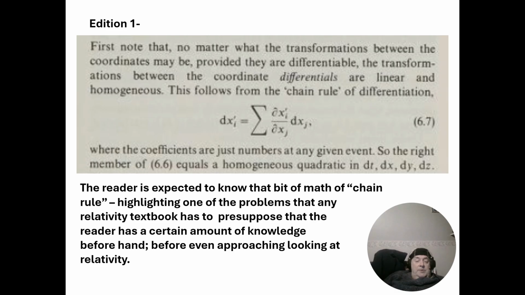And so it's highlighting one of the problems that any relativity text has, to presuppose that the reader has a certain amount of knowledge beforehand, before even approaching looking at relativity. So it's telling you something follows from the chain rule of differentiation. So you're supposed to know that from earlier in your scientific education.